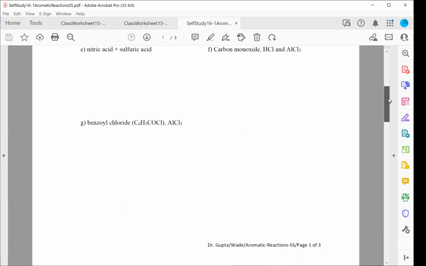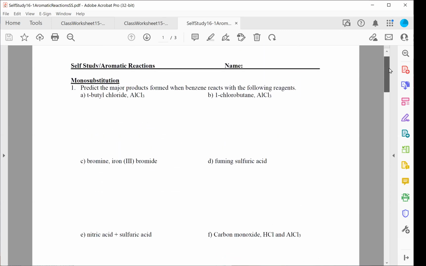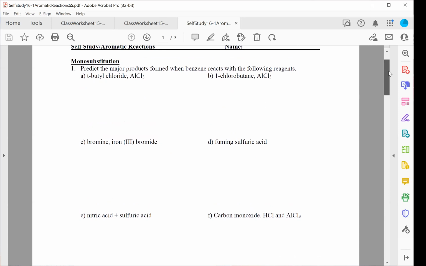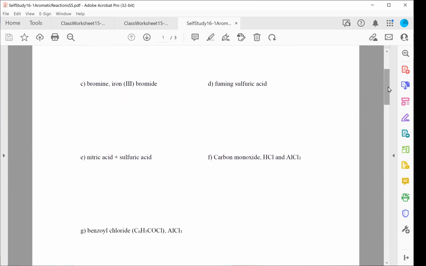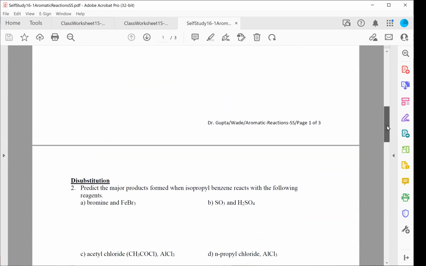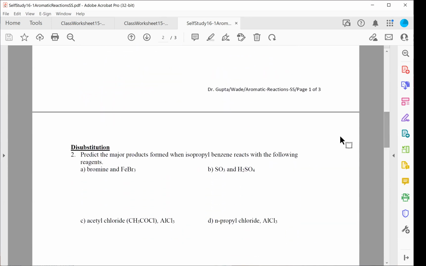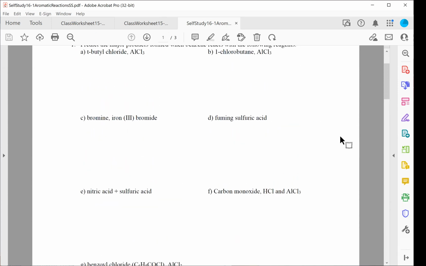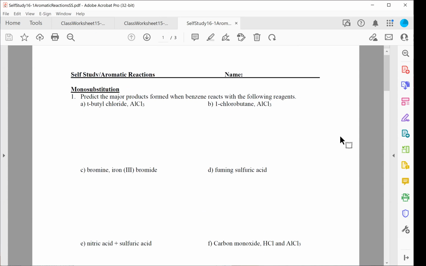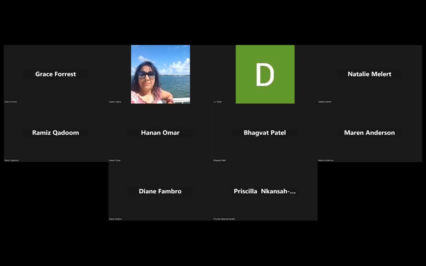And you may want to do this. Okay, definitely do this today. Mono substitution, you just have all the reactions that we covered. So you just write them out and that's it. And after that, it's really all about di substitutions. Okay, and so you can't do that yet. So in this case, just go ahead and do the mono substitutions and write all the reagents, learn all your reagents. That's the important thing.